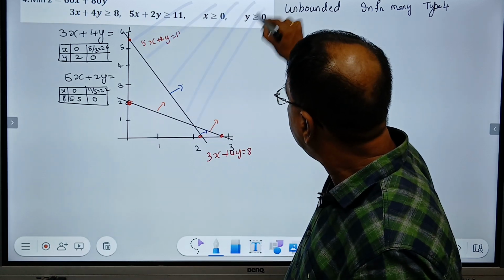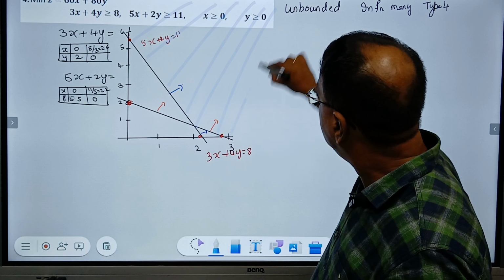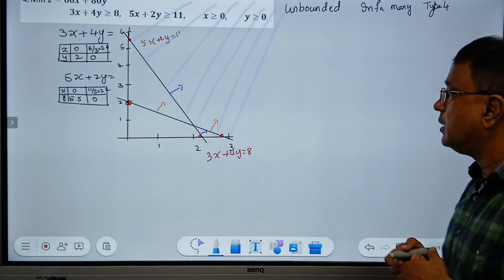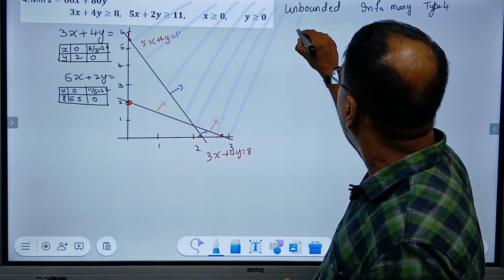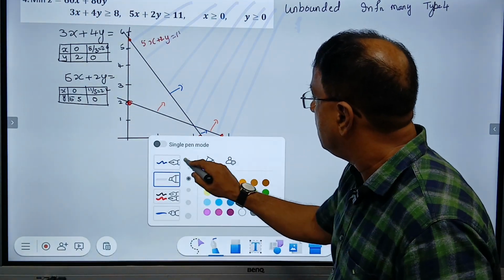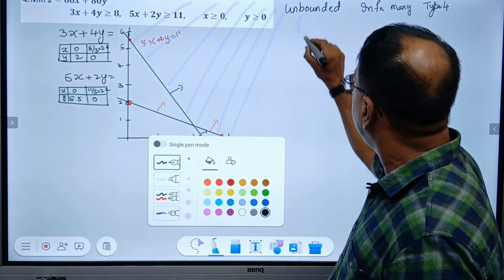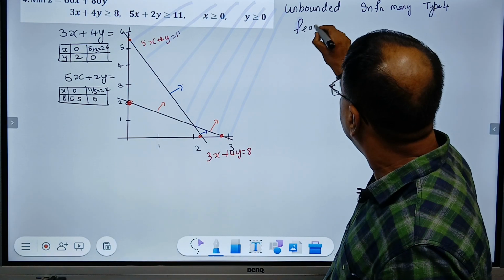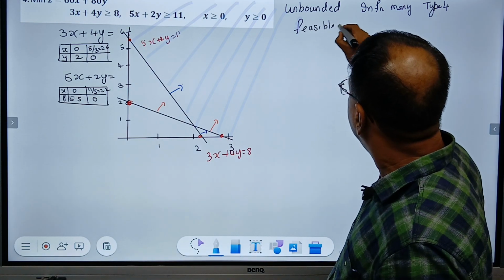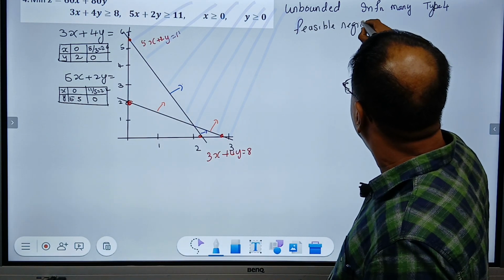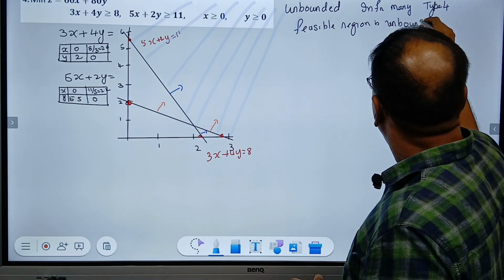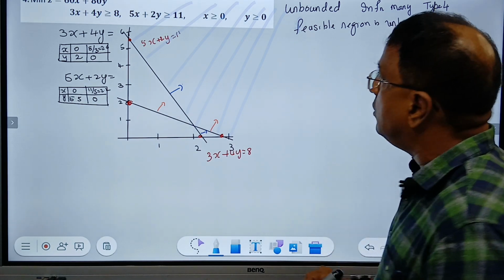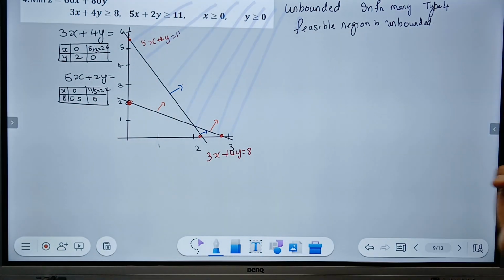Correct? So what should I write? Feasible region is unbounded. If the feasible region is unbounded, you know you have to draw an open half plane. We'll come to that later.